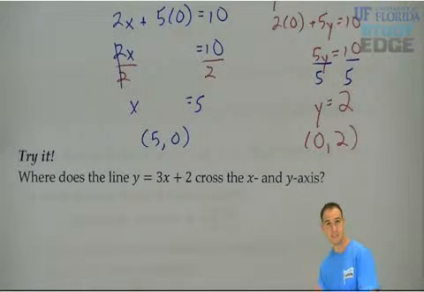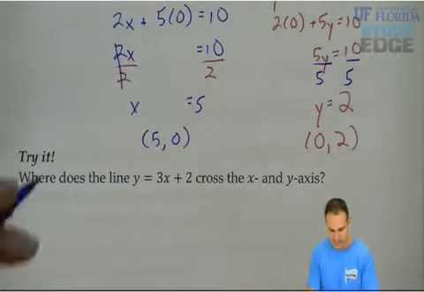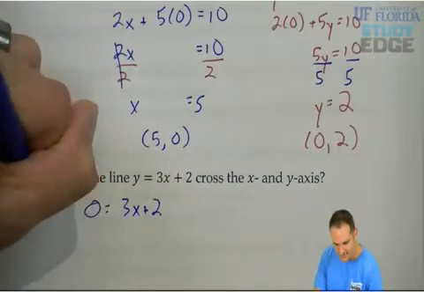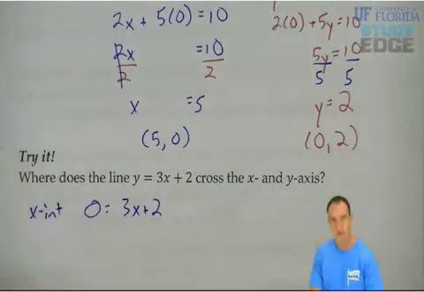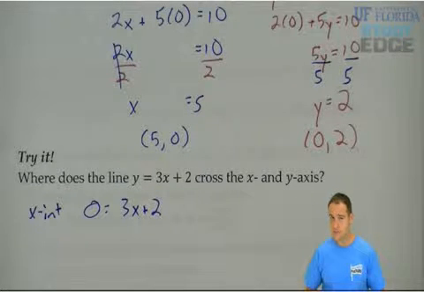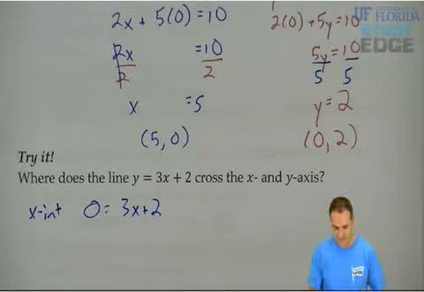To find an x-intercept, that's where y is going to equal 0. So you plug in a 0 for y to find the x-int, which is just shorthand for x-intercept. In this case, we need to solve for x. Remember, you want to get your variables to one side, your numbers to the other, and divide if needed.